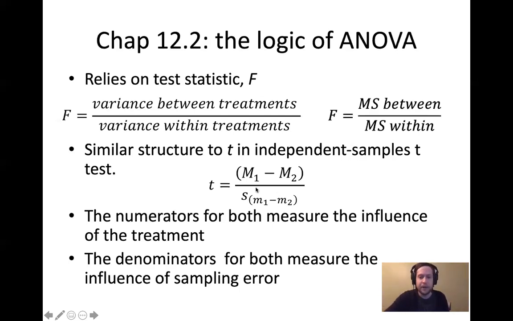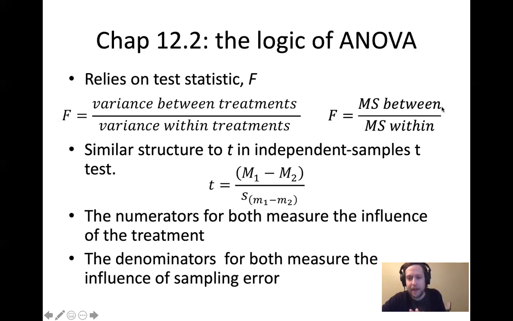What the standard error is doing, conceptually, is taking the average amount of variability in each condition. Same thing with MS within. We have 3 conditions now, but we're basically taking the variability in condition 1, the variability of condition 2, the variability of condition 3. We're taking the average of the variability in each condition, and that is the denominator. Same basic thing that we were doing for T.